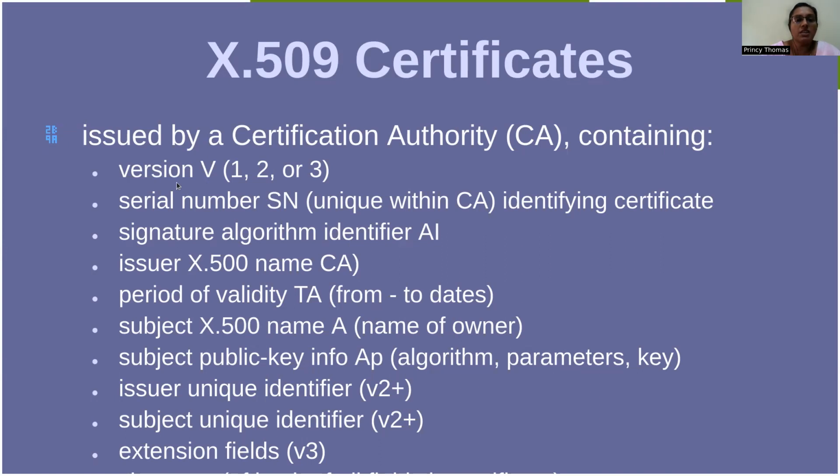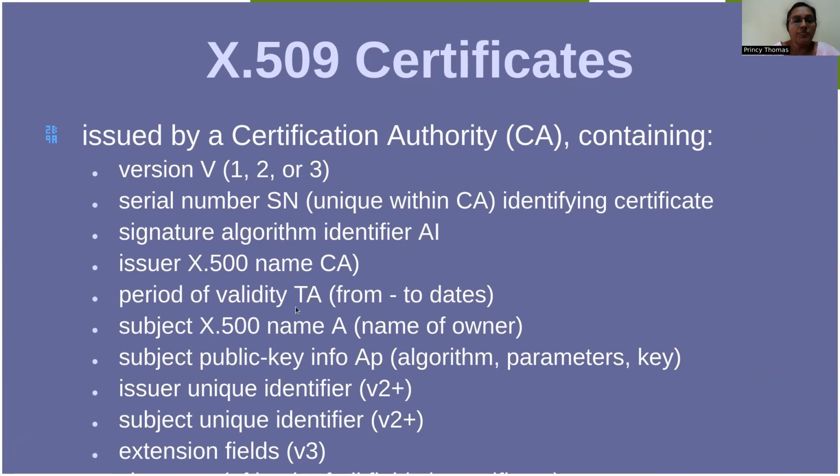There are three versions: 1, 2, and 3. The serial number, SN, is a unique number within the certification authority and identifies the certificate uniquely. Then the signature algorithm identifier, AI. The issuer is the X.500 name of the certification authority.